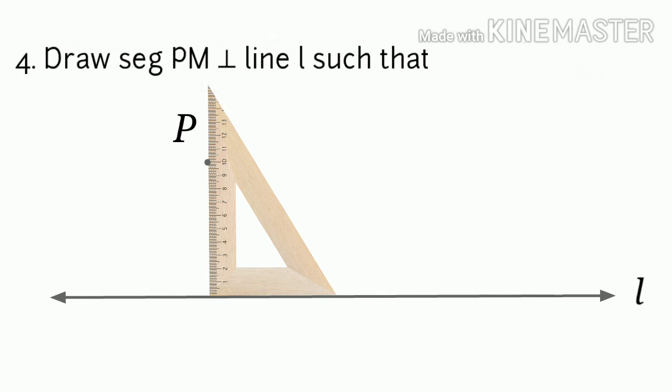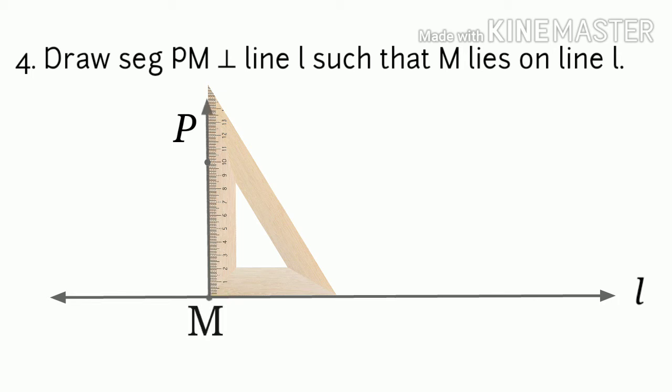Draw segment PM perpendicular to line L such that point M lies on line L. So with the help of the set square we will draw a segment which is perpendicular to line L. This is point M. So we get segment PM perpendicular to line L. And here point M lies on line L.